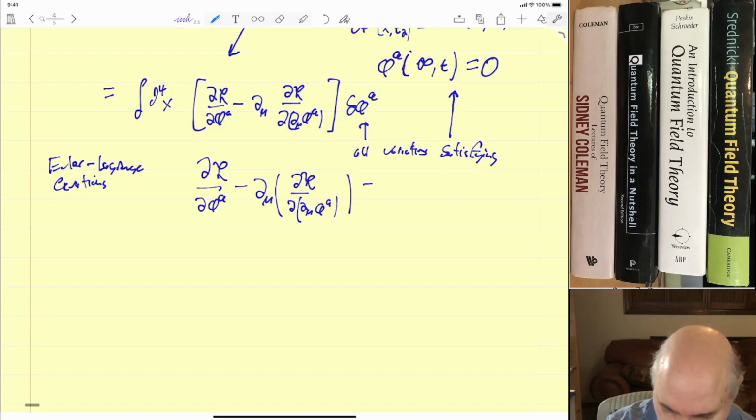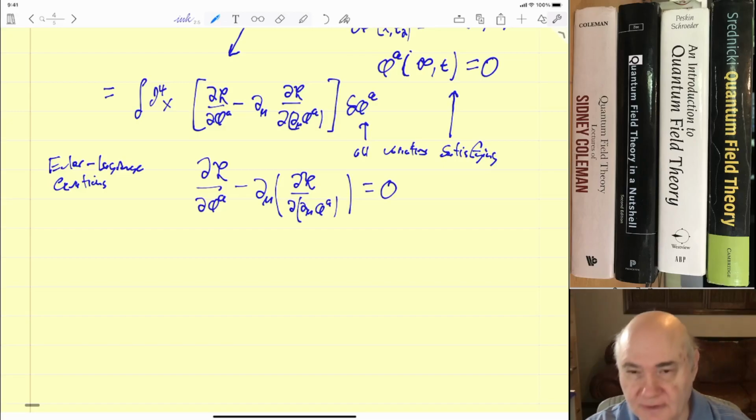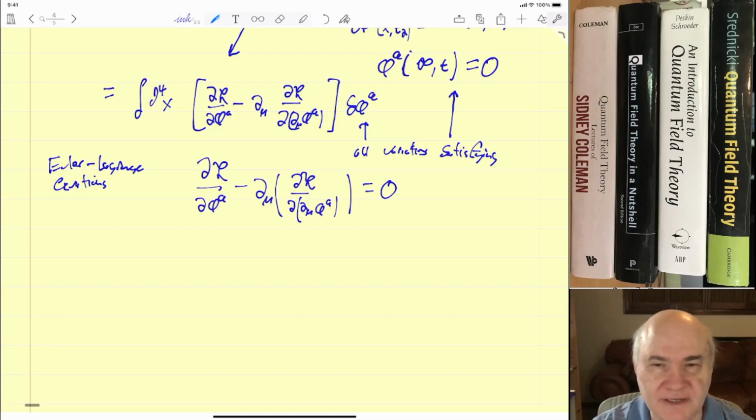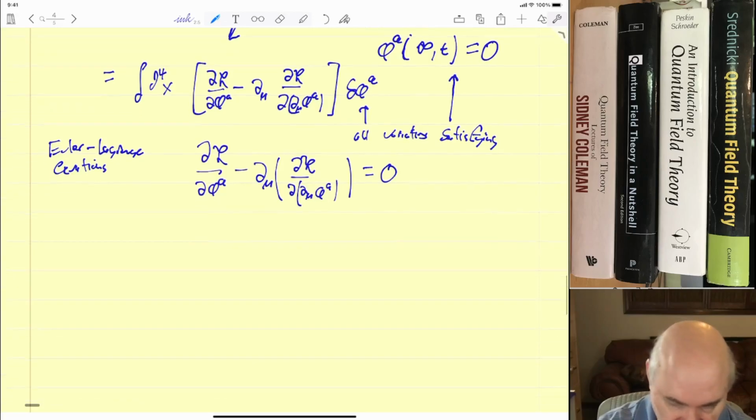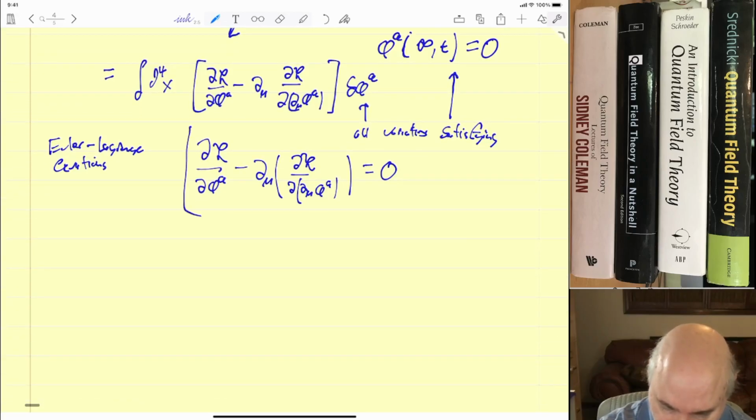We could be working with one field, in which case we wouldn't have an A. But we could be working with several fields. Electromagnetic field, we might have 4 vector potential and scalar potential fields, or if we're working with the fields directly, we might have 6 electromagnetic fields. But we could be working with a Klein-Gordon field, scalar, real, and then just have one field. Mu, of course, is always a space-time index. Okay, so let me box this.